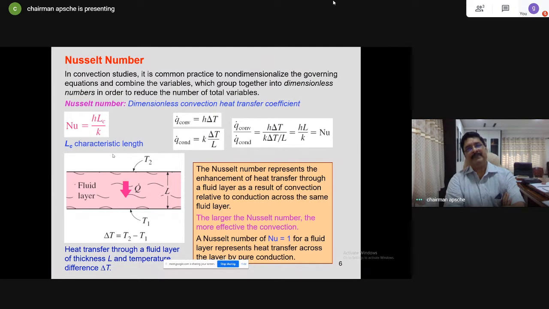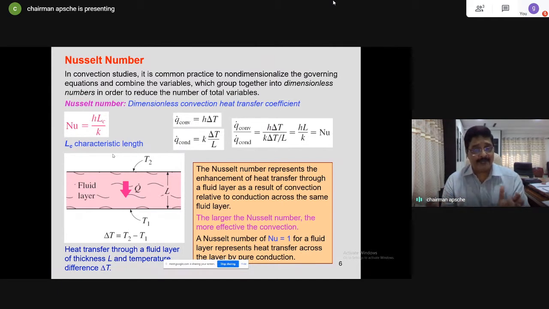But the difference is, the Nusselt number talks about the conduction resistance and convection resistance within the fluid itself. Don't get confused. Both resistances are within the fluid itself.